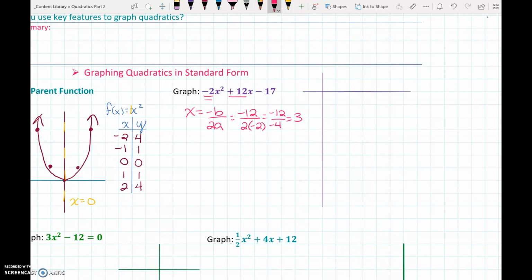So we're halfway there. Now all we have to do is find the y. To find our y, we are just going to replace all of our x values with 3, because we want to know what's the y value when x equals 3.